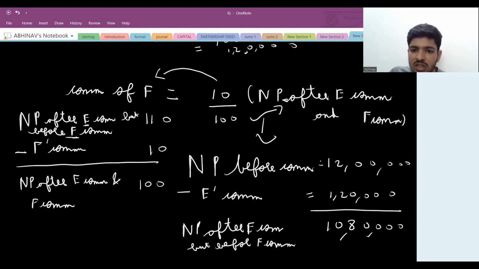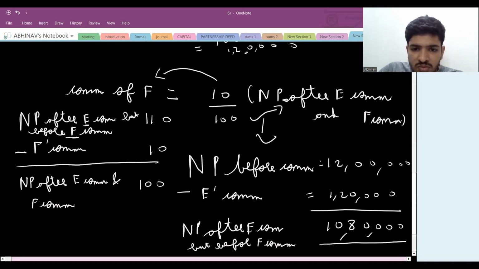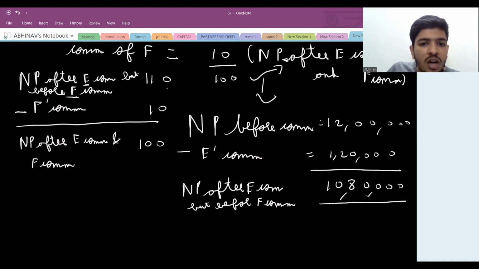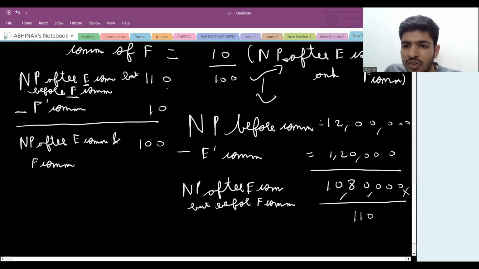All we need to do is, this is net profit after E, but before F's commission. So what is its equivalent? Net profit after E, but before F's commission, 110. What should you find? We need to find F's commission. That's equivalent.